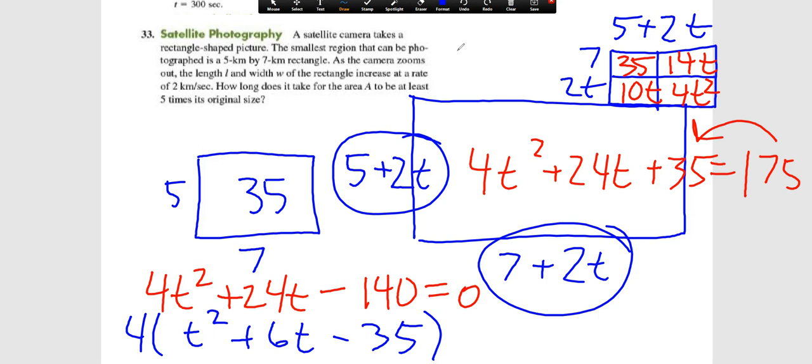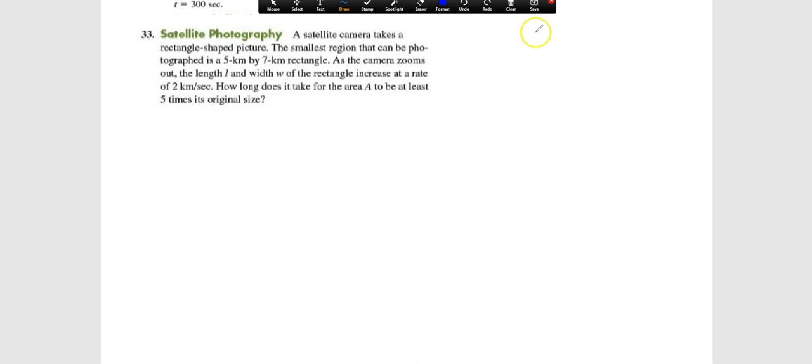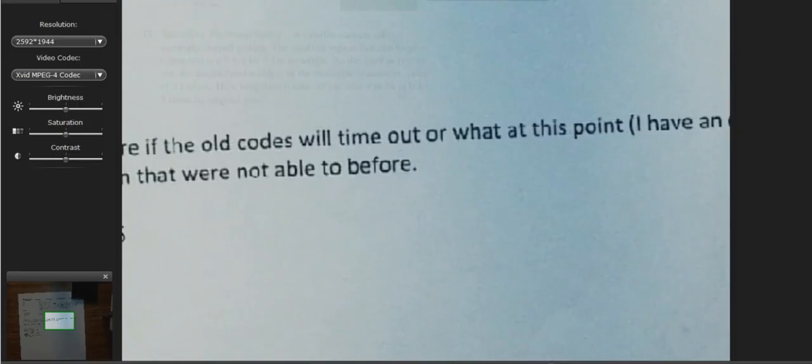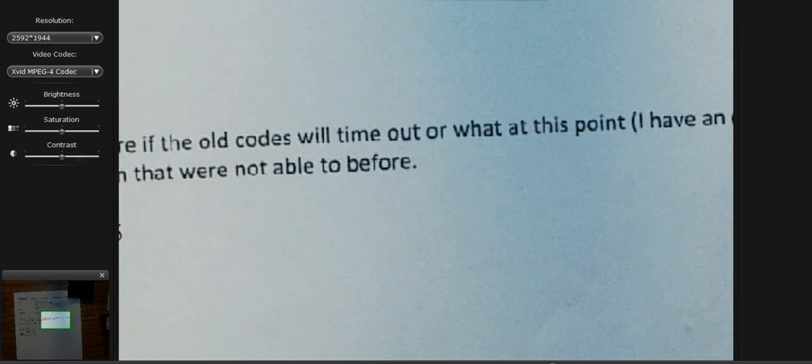And then x squared plus 6x minus 35. Okay, so I better clear this out. Well, that ain't it, Chief.